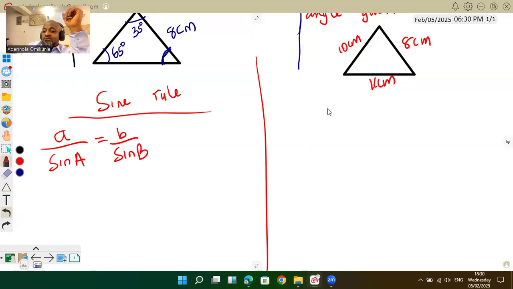Well, for the cosine rule, we have two formulas. The first one is when you're looking for the side, when the side is missing.